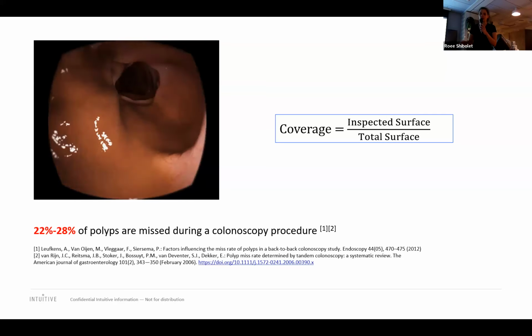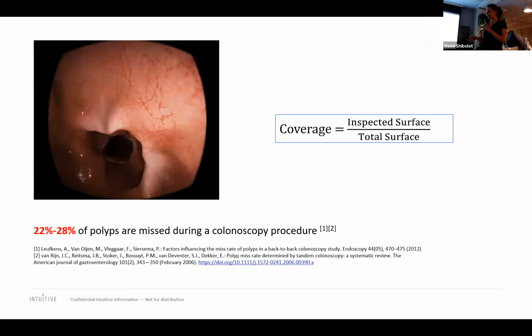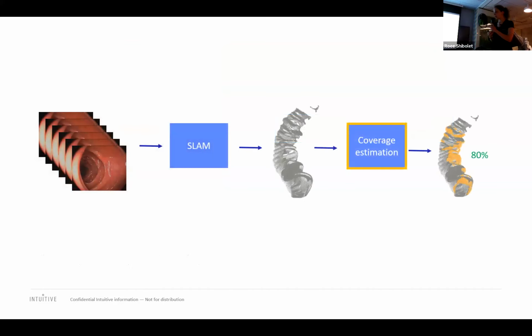So how can we measure something like this? How can we estimate the coverage? One way to do it is to use the output of the SLAM algorithm that was presented. If you run SLAM on a video of a colonoscopy, you will get as output a 3D model of the colon, and unless the coverage is perfect, you will have holes in this 3D model.